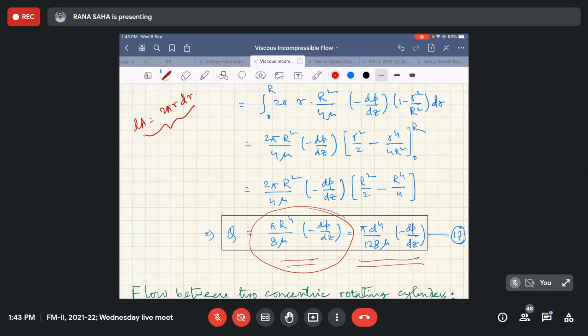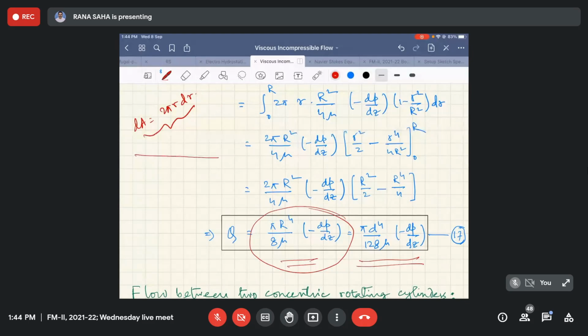So if you have a pipe of length L, and at the two ends, say you have two pressure tappings at point 1 and point 2.